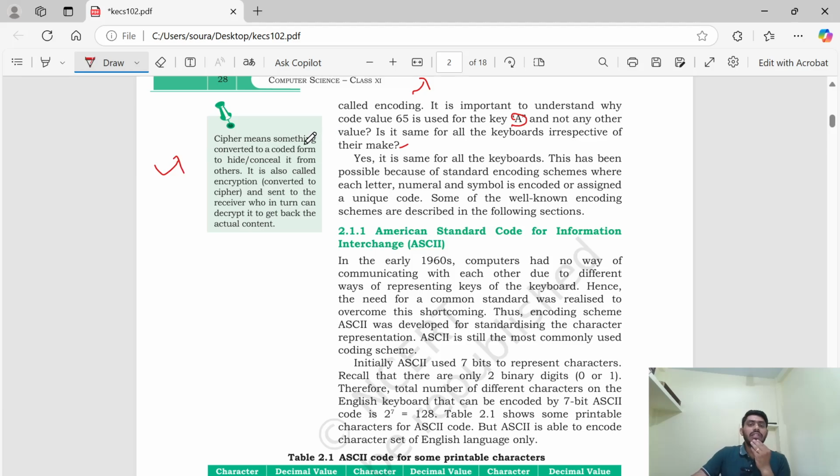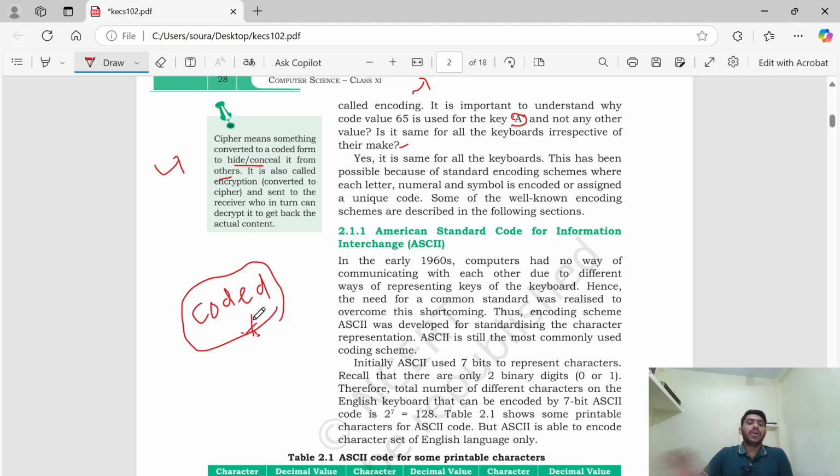Cipher means something converted to a coded form to hide it from others. It will be in coded form. It is also called encryption.